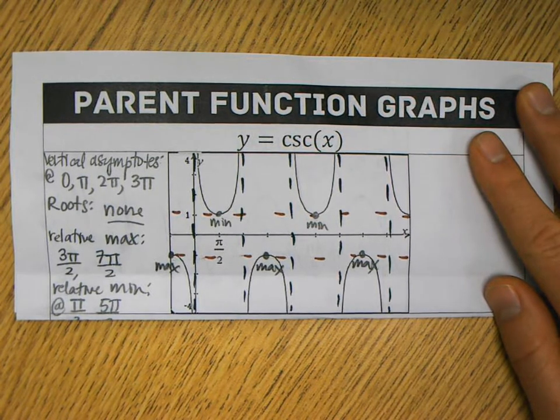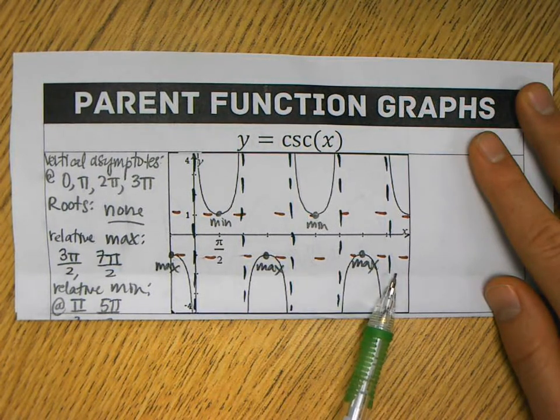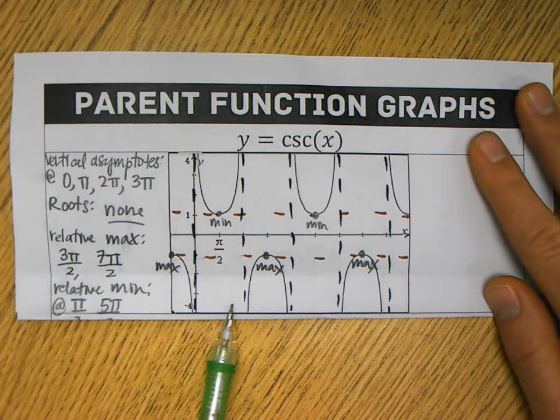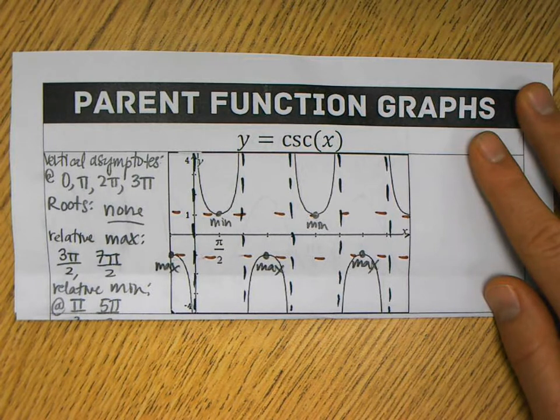The location of the roots, well, there are none since it never crosses the x-axis. The asymptotes I have in here would be at 0, pi, 2 pi, 3 pi, 4 pi. The period of this function is 2 pi, just like the related function of sine of x.